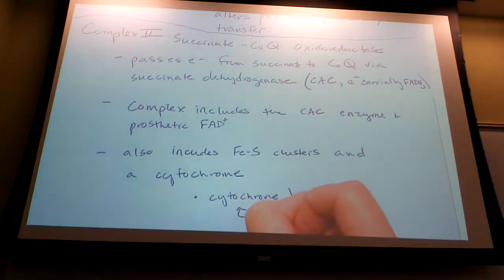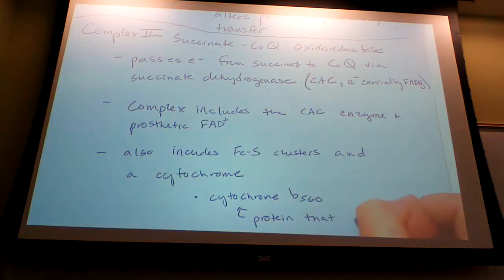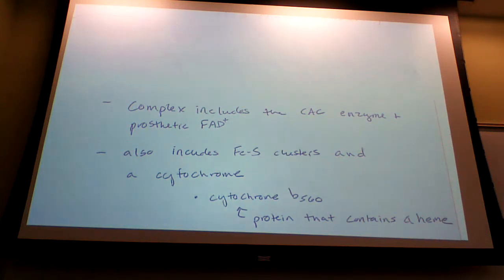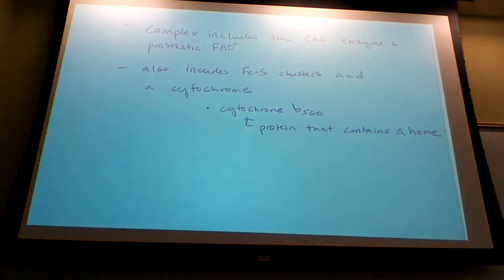And this is just basically a protein. A cytochrome is a protein that contains a heme, which means that we talked about those before. So what other protein have we seen in the past that contains heme? Hemoglobin.